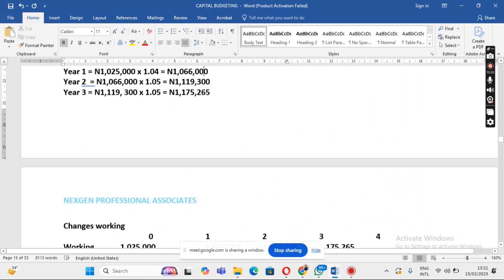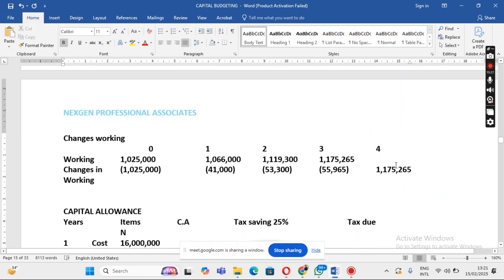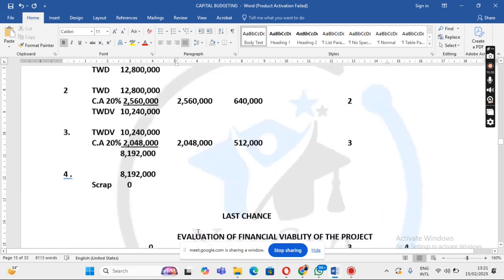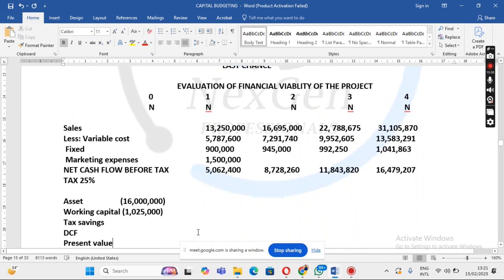Let me check something. Please screenshot this part, 41,053. You give me the figure, please. Now the first one is 41,000. What is the next figure, class? Quickly. 53, 53 what?